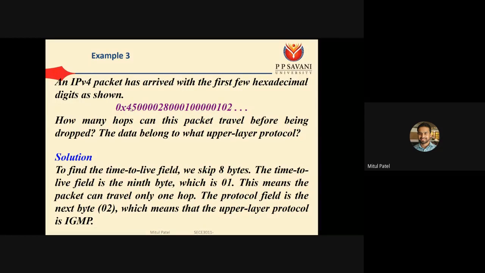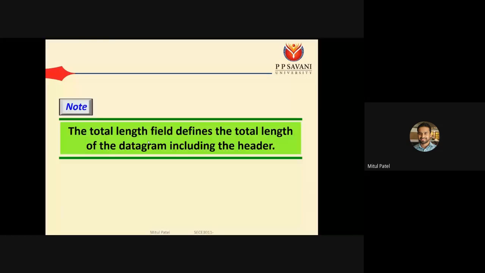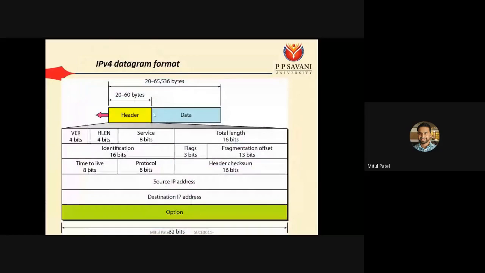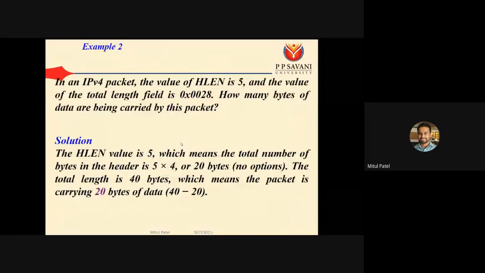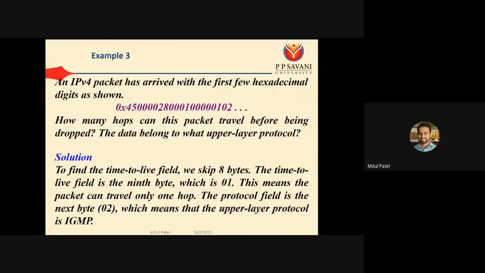That means the version is 4, then the HLN is 5, so the header length is 20 bytes. The next 8 bits are reserved for service, so 00 is for service. By that way we need to answer the question.